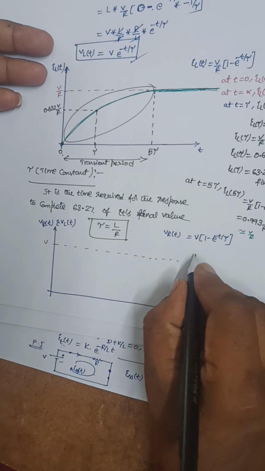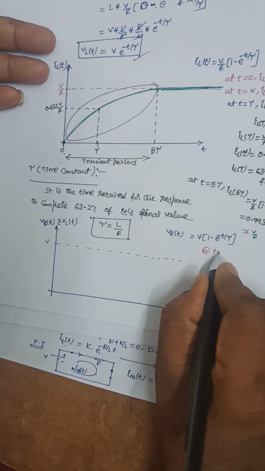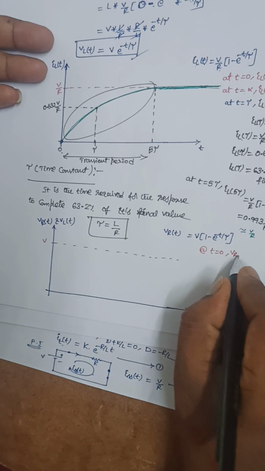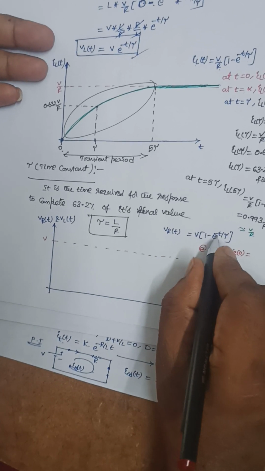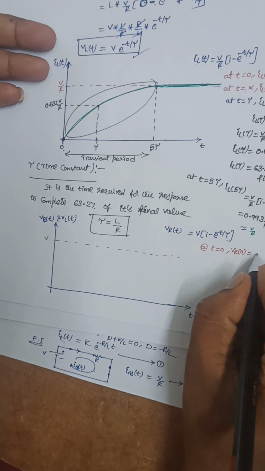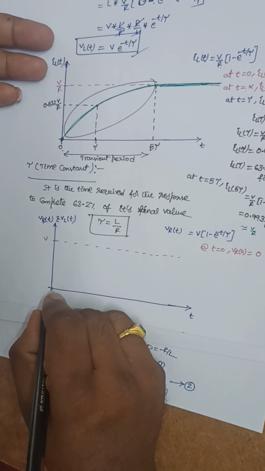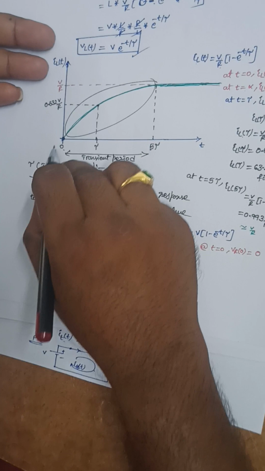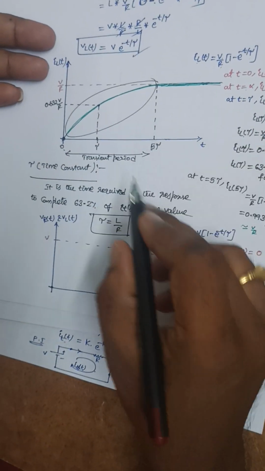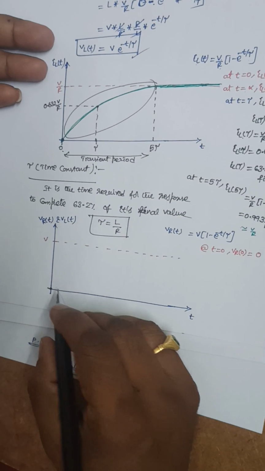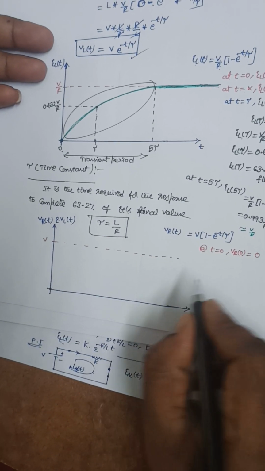Why? Because at t is equal to 0, the value of VR of 0 is, if I substitute e power 0, 1 minus 1, that is 0. So it is 0. That means it will start from here. It follows the same curve as the current curve follows. Okay.